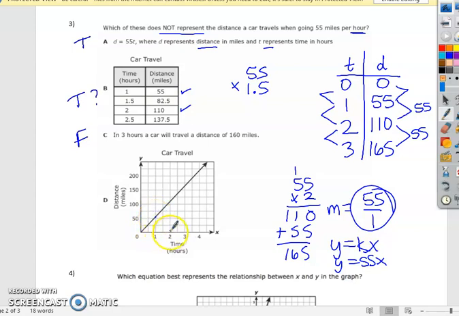That looks good. 2 is above the 100, so 110. That looks good. 3, 165. And you can see each time it's a little higher than the one before. So I can tell this one looks good to me. So just to double check, that's true. So answer choice C is the one we're going to choose because we want a false answer.